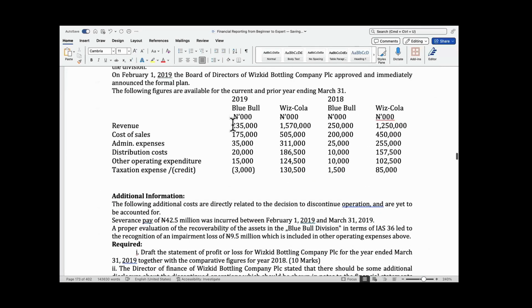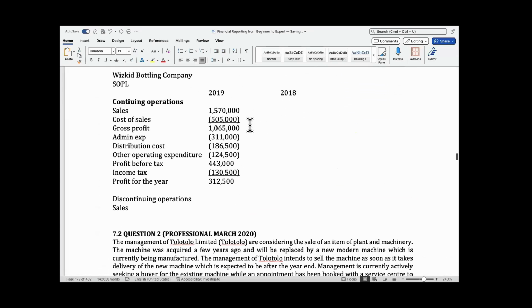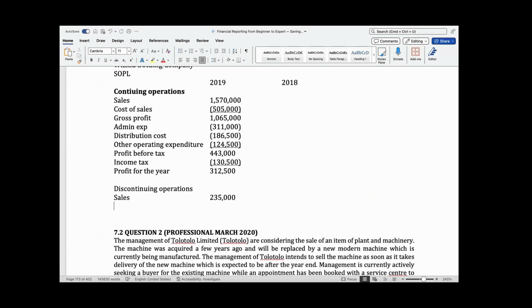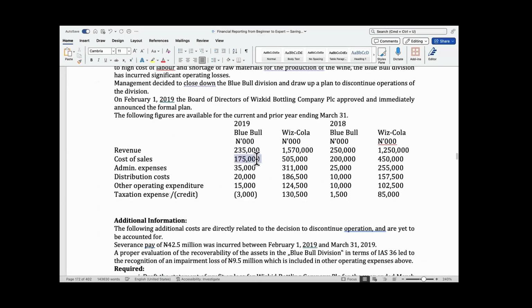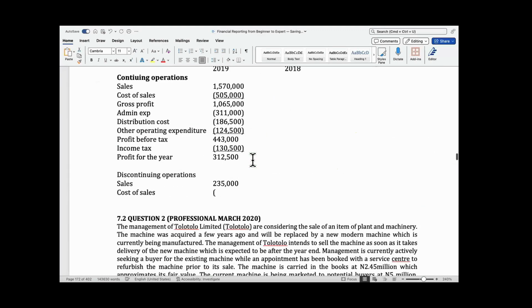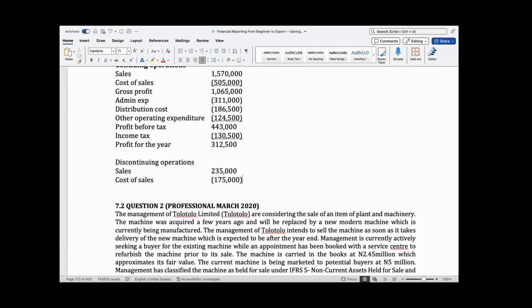What's the sales of this one? That's 235,000. What's the cost of sales? That's 175,000. Then I have my gross profit. So how much will my gross profit be here? 60,000.